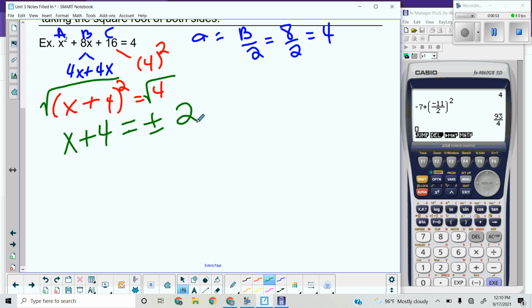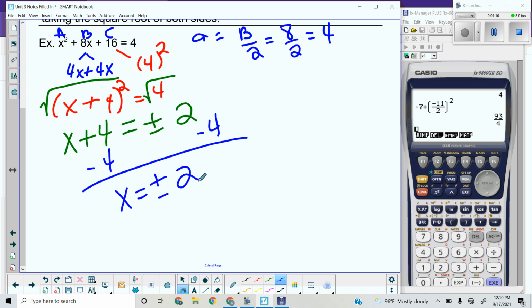Now, we can break this into two equations and solve. Actually, now we can solve for x, subtract 4 on both sides. So x equals positive, negative 2 minus 4.